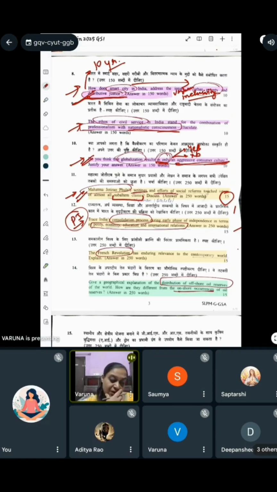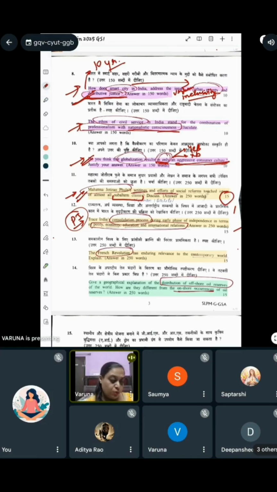Consolidation process, earlier phase of independence, has been asked in the exam previously also, so it would have been prepared through the PYQ analysis. But this year, they have asked for polity, economy, education, and international relation dimensions. So that's why it became tricky.